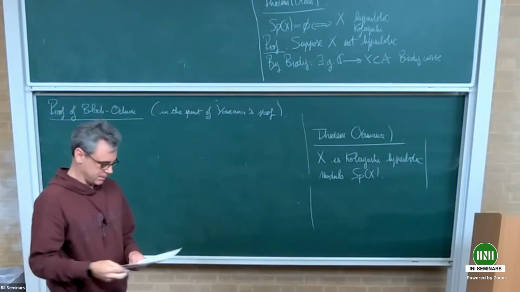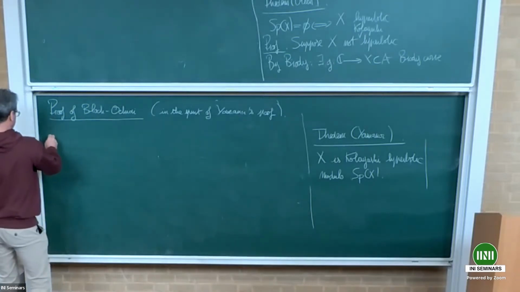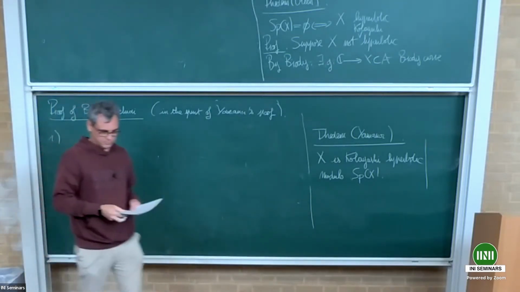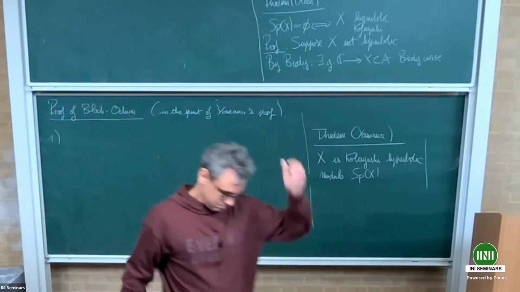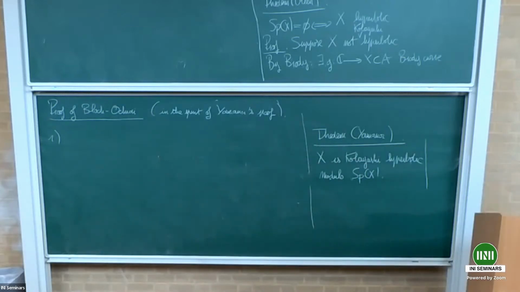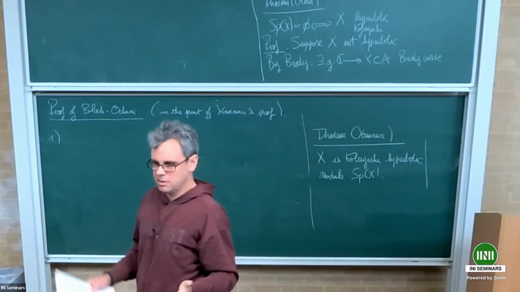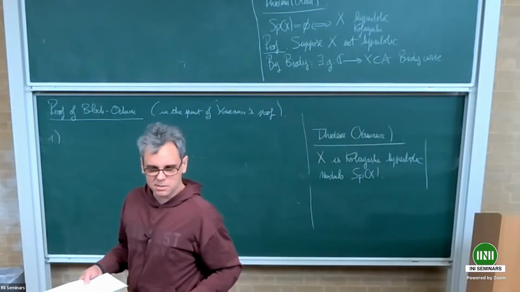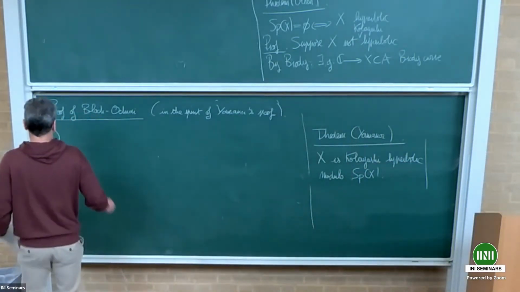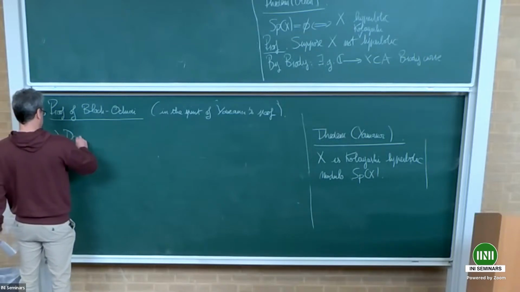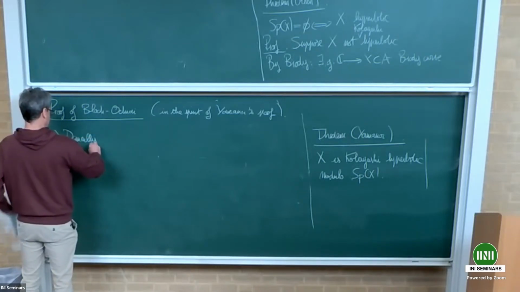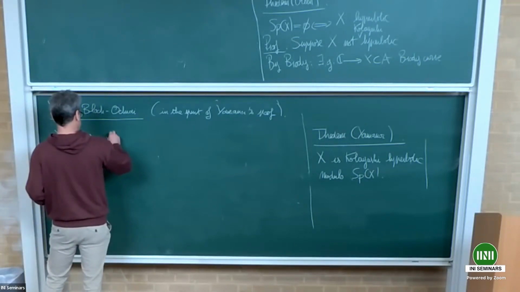I don't know if it's really crucial, if it could be done by using other jet spaces, but he's using the Demailly jet spaces. So I will also give a proof using the Demailly jet spaces.